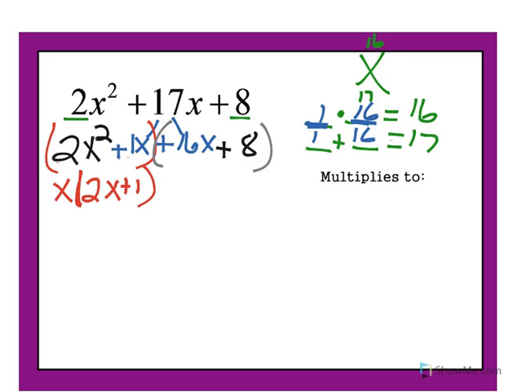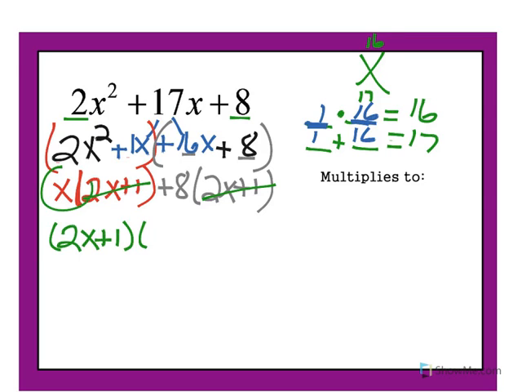In my gray parentheses, the greatest number that goes into 16 and 8 is 8, a positive 8. That leaves me with 2x plus 1. Notice in parentheses, the 2x plus 1 has duplicated, so that is my common factor. Remaining is my x and my plus 8. That's it.